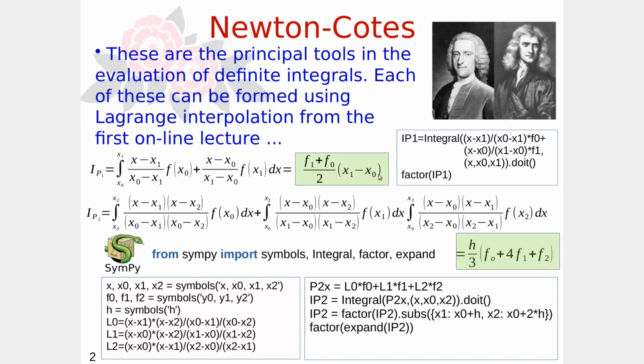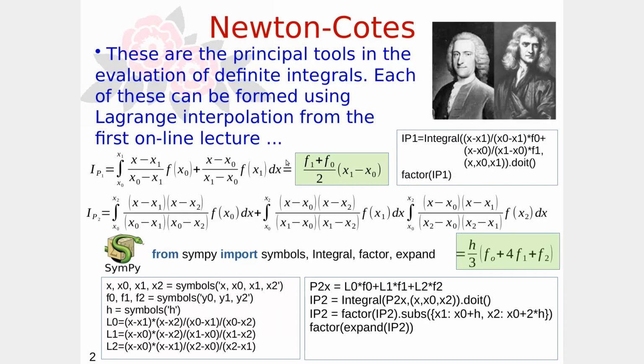When this is performed, you should find that this is f1 plus f0, where f1 is the value of the integrand evaluated at x1 and f0 is the value of the integrand evaluated at x0, divided by 2, times x1 minus x0. If we note that x1 minus x0 is simply the width of the strip h, then this is a trapezoid, as expected.